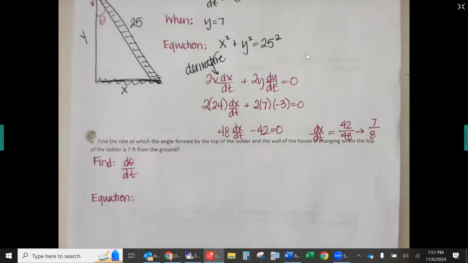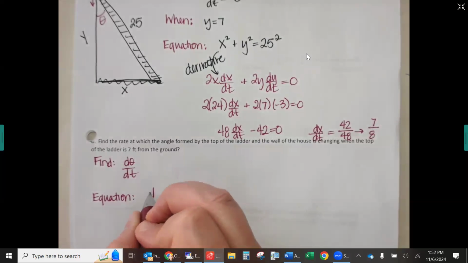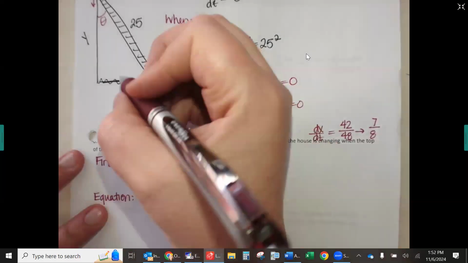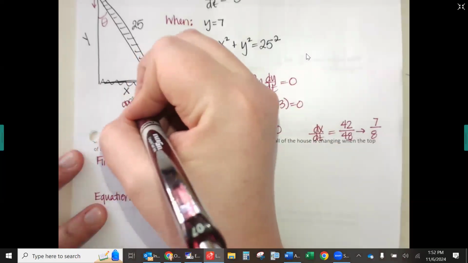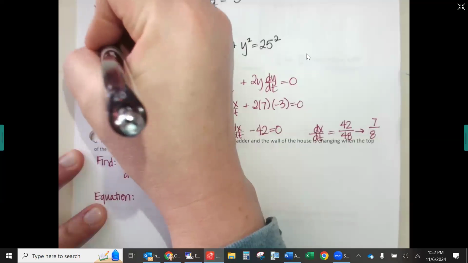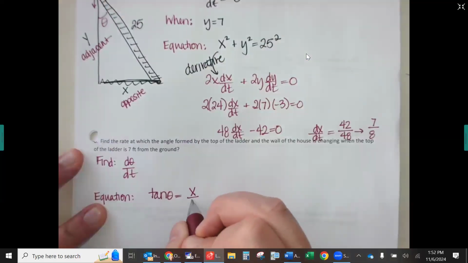We have 3 choices. My tan theta would equal which two sides? X over Y. Okay, good. So write down tan theta equals opposite over adjacent. Opposite would be my X side, and adjacent would be my Y side, so it'd be X over Y.